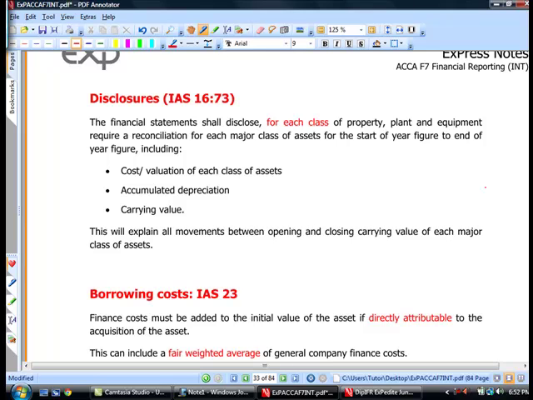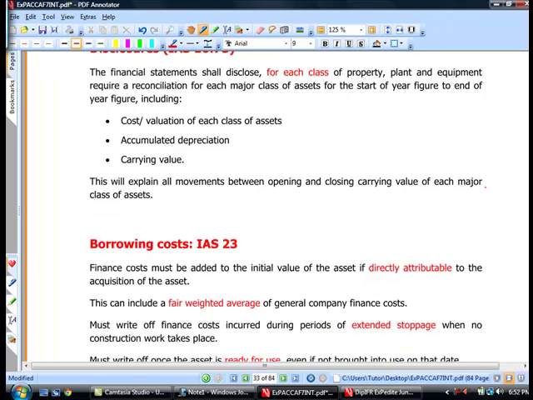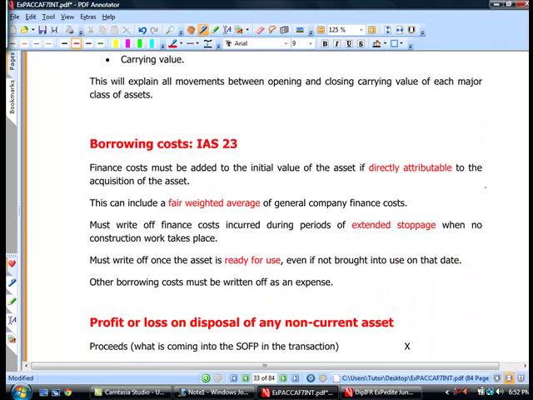One other thing that will be disclosed is if we have assets that are depreciated but are not currently in use. That should also be disclosed in the notes.